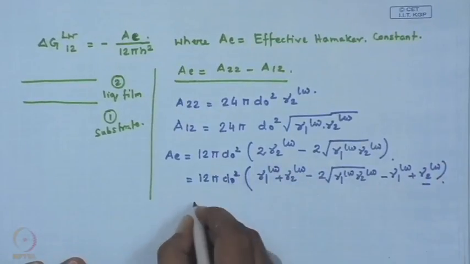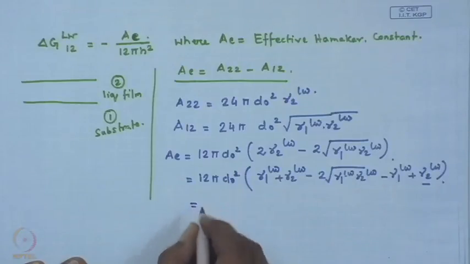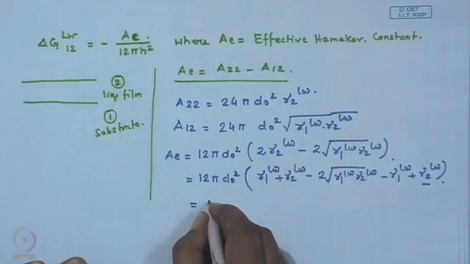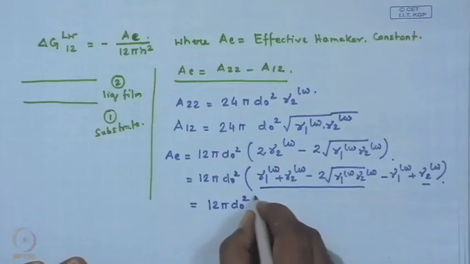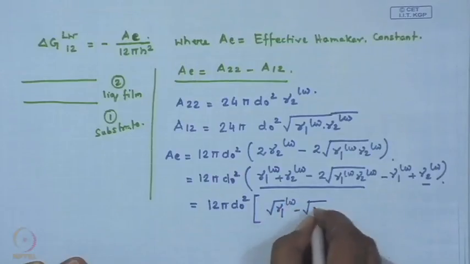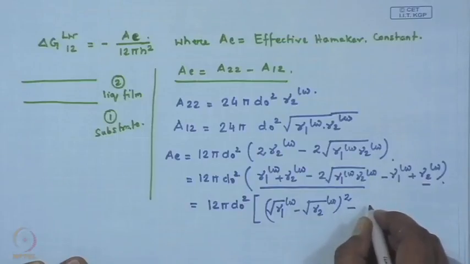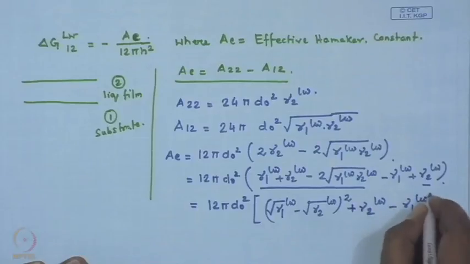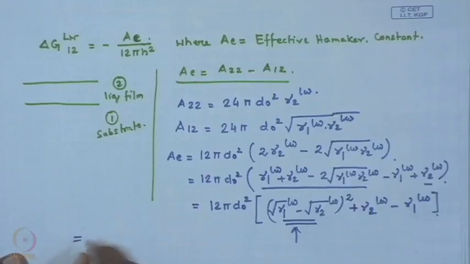So, what you have is, and these 3 combined will give you under root gamma 1 LW minus under root gamma 2 LW whole square, plus gamma 2 LW minus gamma 1 LW, and this we know from our previous lectures is actually gamma 12 LW.